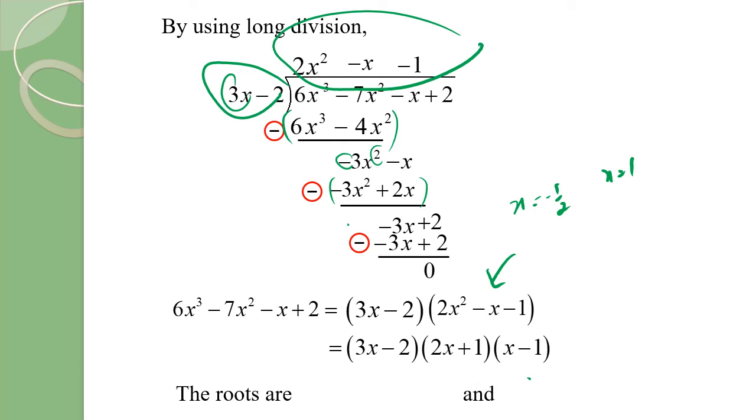So what are the roots of this? Just take out the value of x here. So we have 2 over 3, negative 1 over 2, and 1. Please answer the question accordingly. If they ask for roots, give the roots, not just leave it as a factorization of the polynomial.